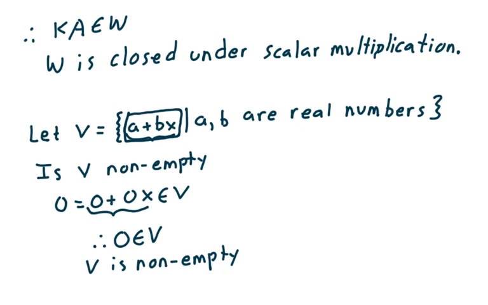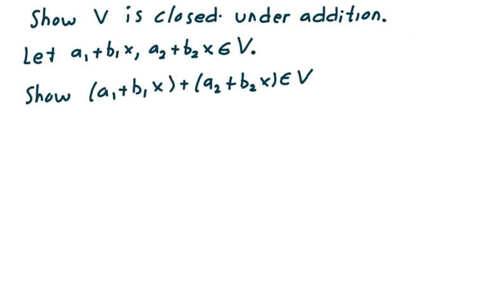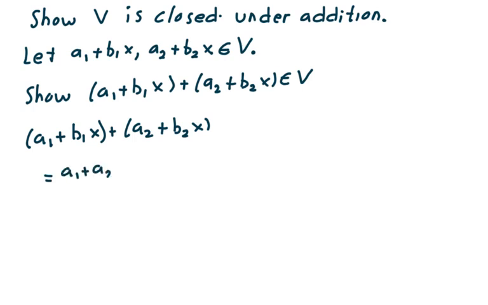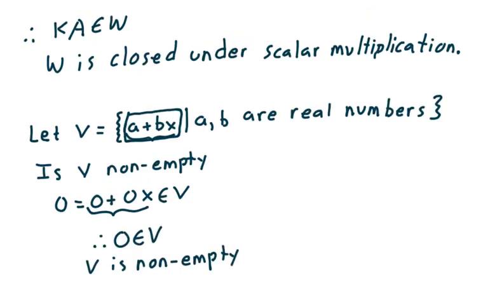Now look, if I take a1 plus b1x and I add a2 plus b2x, absolutely, we can write this as a1 plus a2, rearranging the terms, plus b1x plus b2x. Now, does this look like this form? The answer is no, not yet.